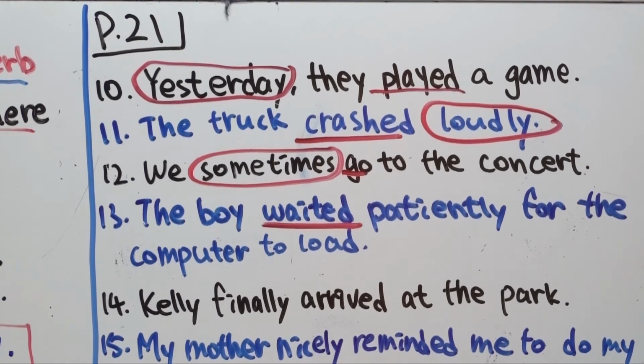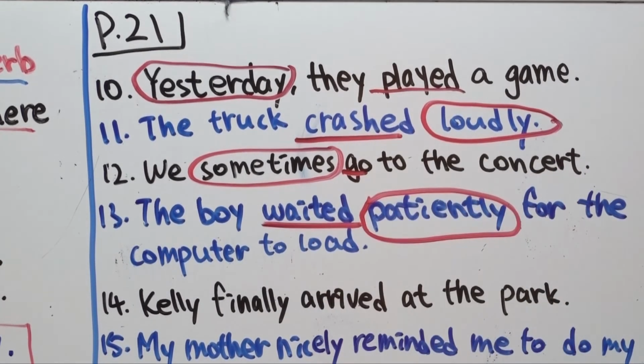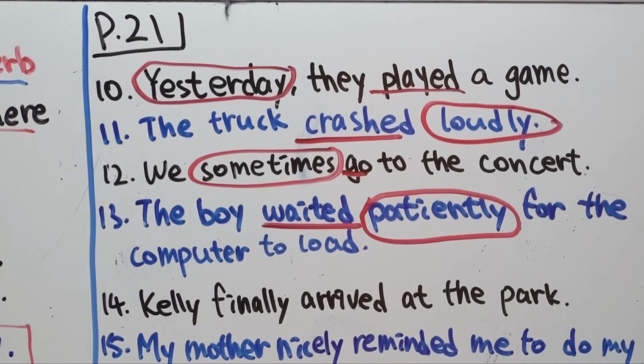How he waited. That is patiently. If a person is patient, it means he or she has lots of patience. He or she can wait a lot and doesn't get annoyed. Okay?